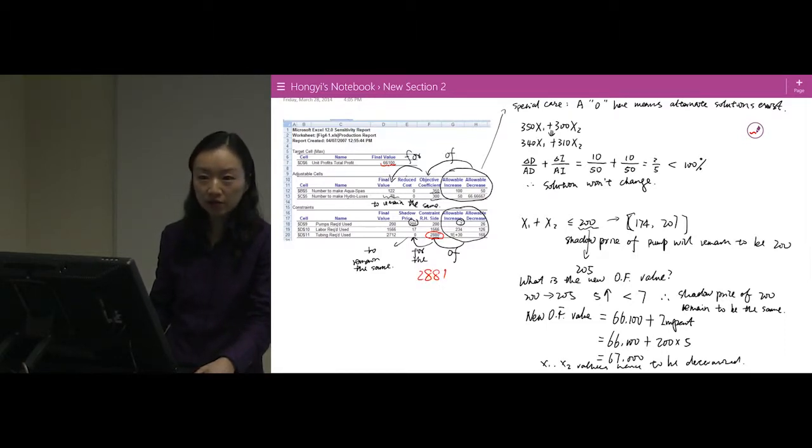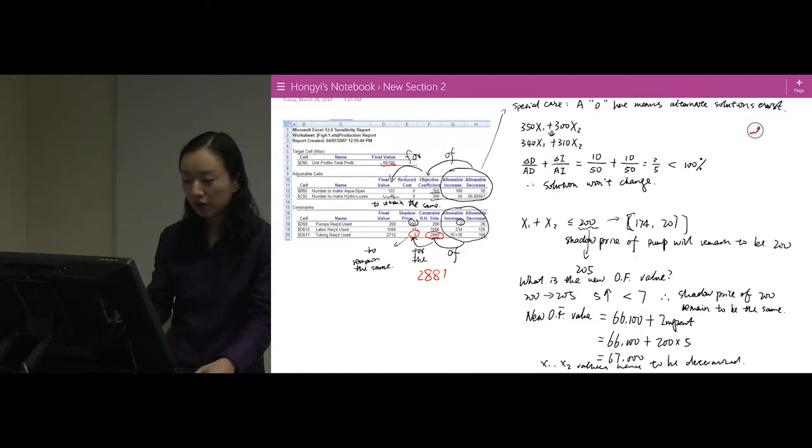The same. Why? Good. Shadow price is 0, it's non-binding. We've already got some slack, which can be calculated by taking the difference between this value here and this value here.